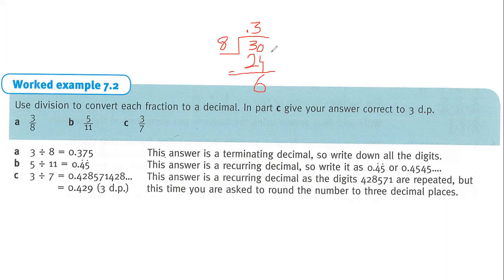Again I put 0 because 6 is smaller than 8, so I put 0 and it becomes 60. 8 how many times equal to 60 or less? That is 7. 8 multiplied by 7 equals 56. Now here I write 56, minus. Now next 4 is left here.